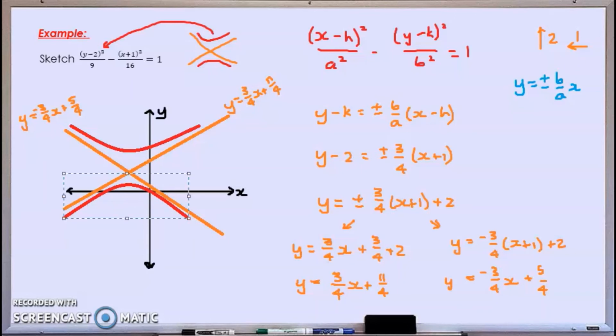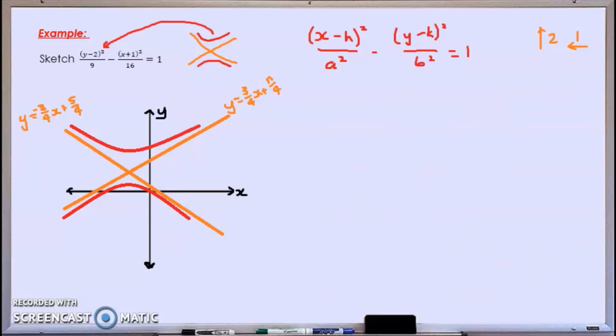And then we have to work out our intercepts for the hyperbola. So remember that my y-intercept is where x equals 0 and vice versa. So my y-intercept will be where the equation is (y minus 2) squared over 9 minus (0 plus 1) squared over 16 equals 1.